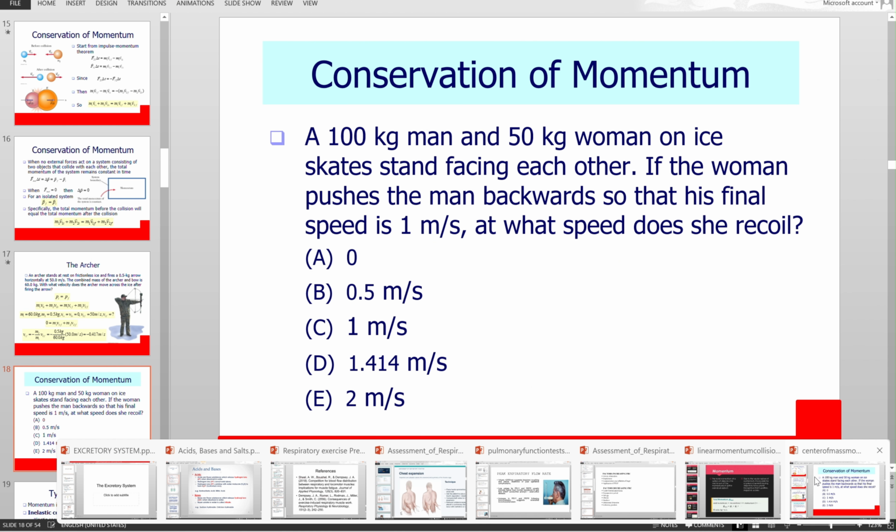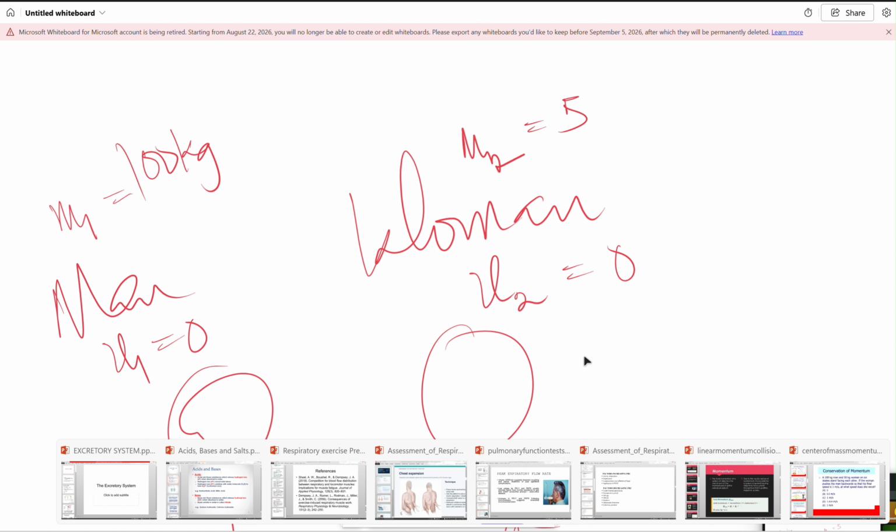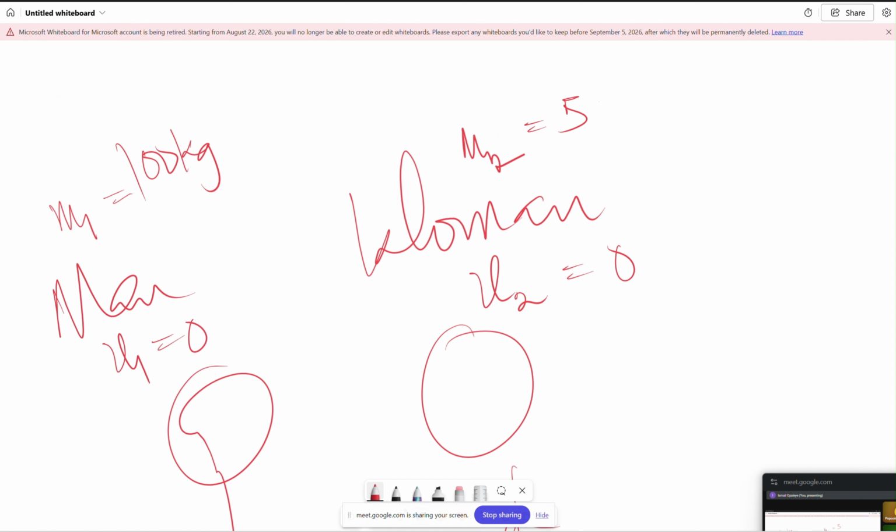Mass 1 is for the man, and the man is 100 kilogram. The woman is 50 kilogram.